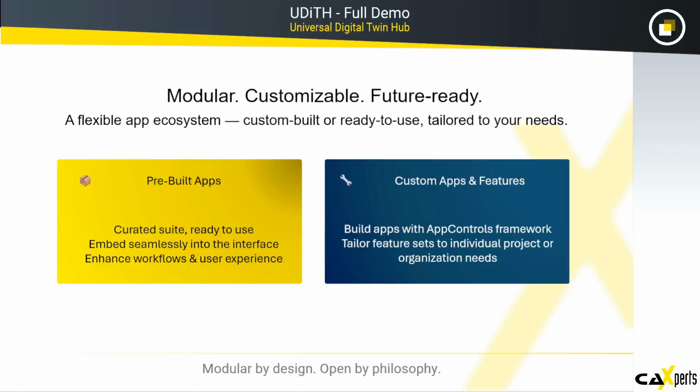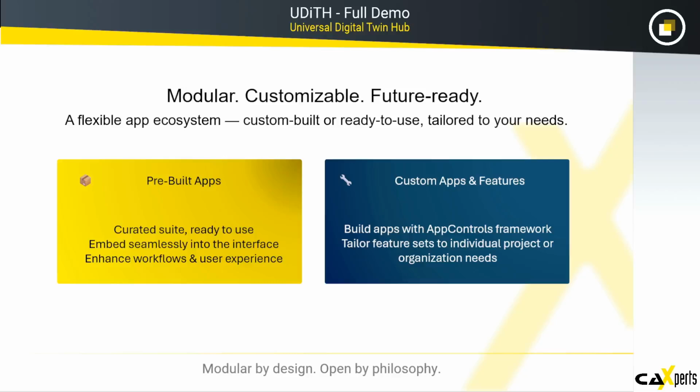And then there's the custom apps and features. So these are either built by third parties, custom built by CI experts for your requirements, or even built by yourself based on the app controls framework and the universal API. And they can represent all types of tailored feature sets to your individual projects, organizational needs, or use cases that might not even be there yet, but that you would be facing in the future.